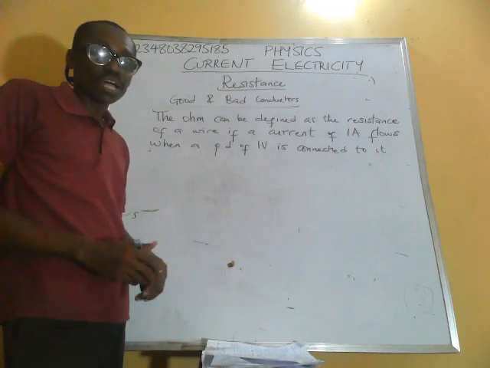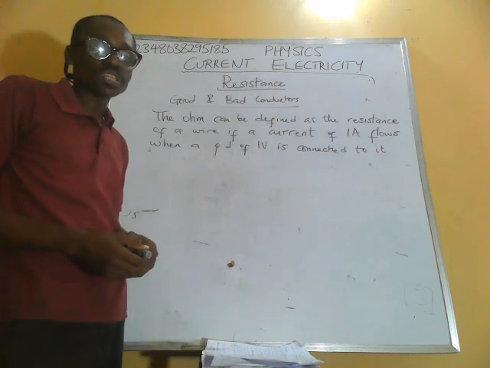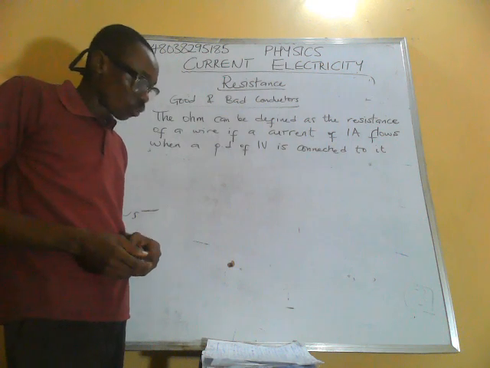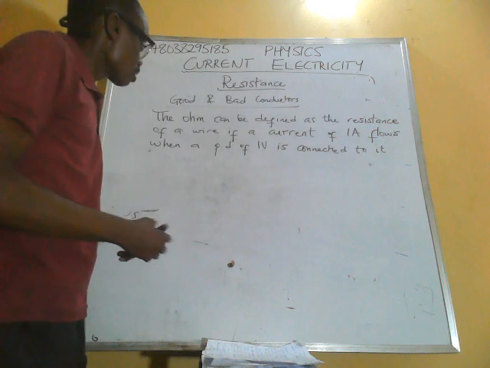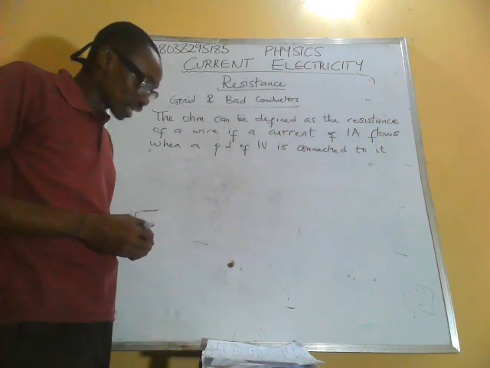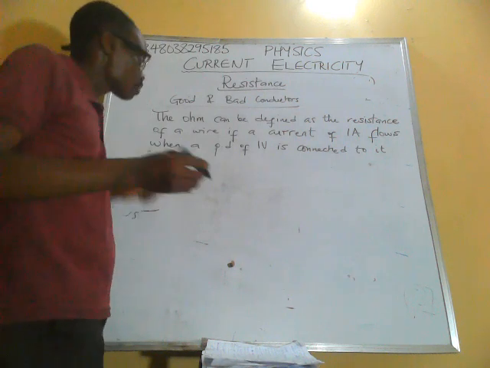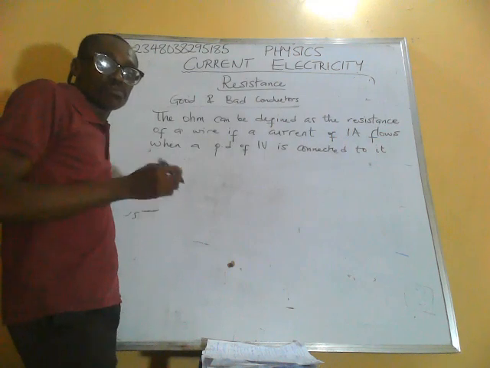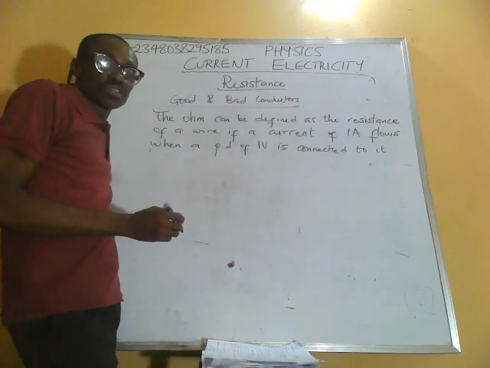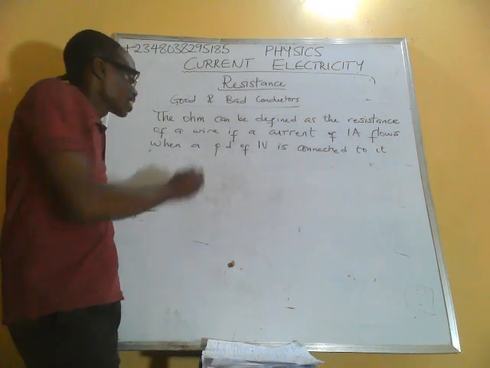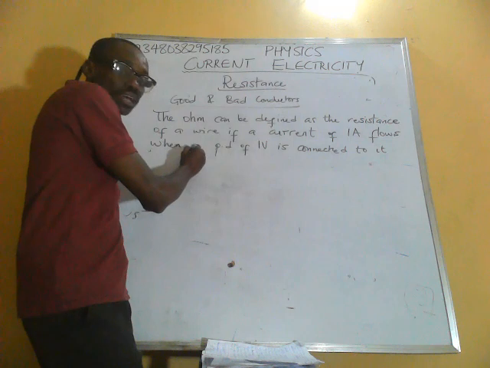So we're going to look at another quantity called conductance. But before we go to conductance, there's a formula that connects potential difference, resistance, and current. That formula is called Ohm's law.